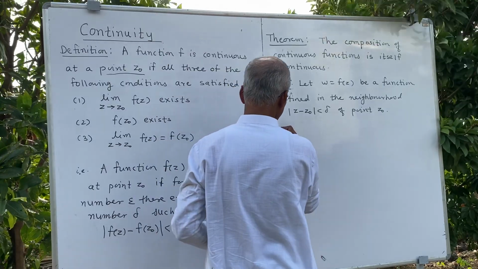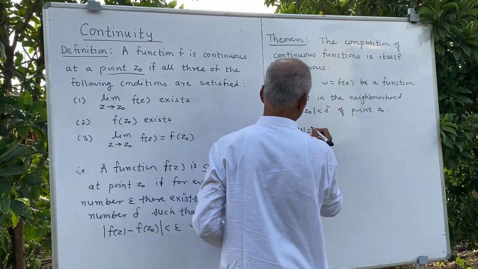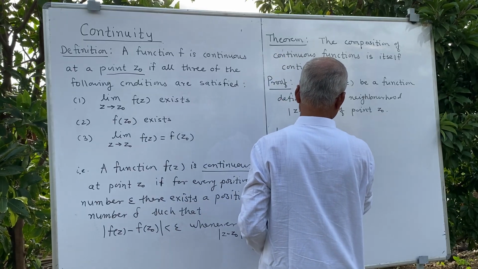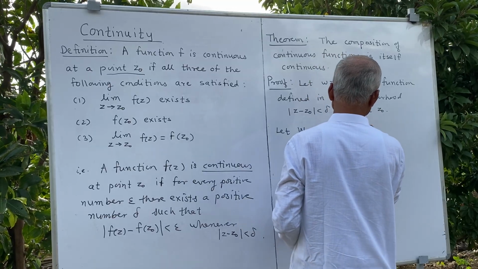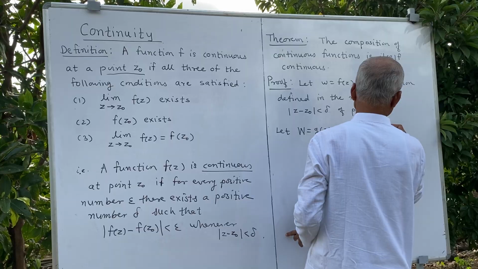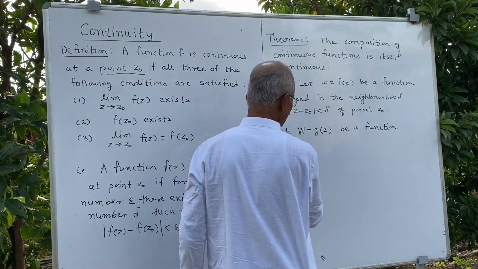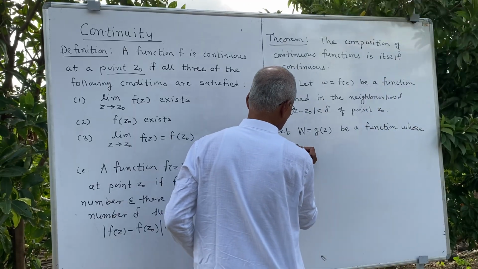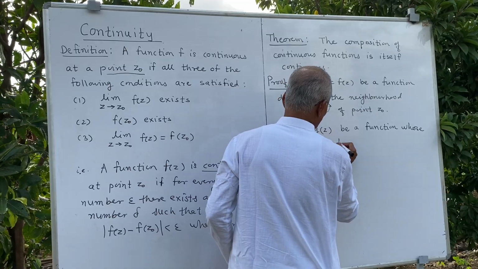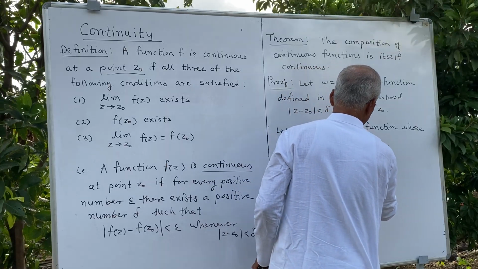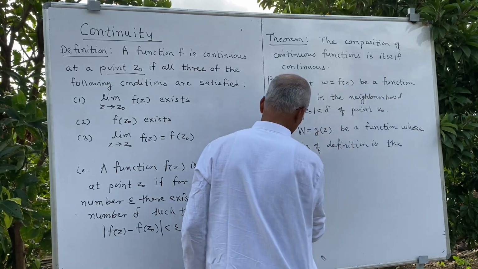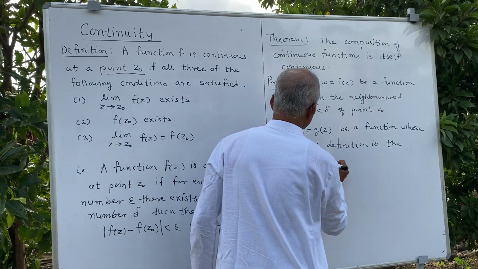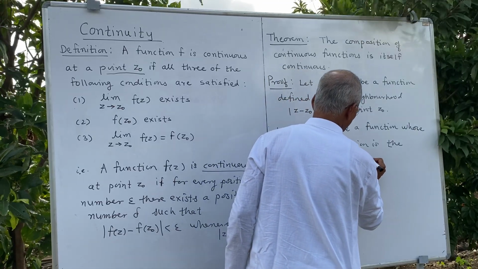Further, we will consider another function, denoted by capital W equal to g of w, be a function whose domain of definition is the image of this delta neighborhood, the image of the absolute value of z minus z naught less than delta under f.